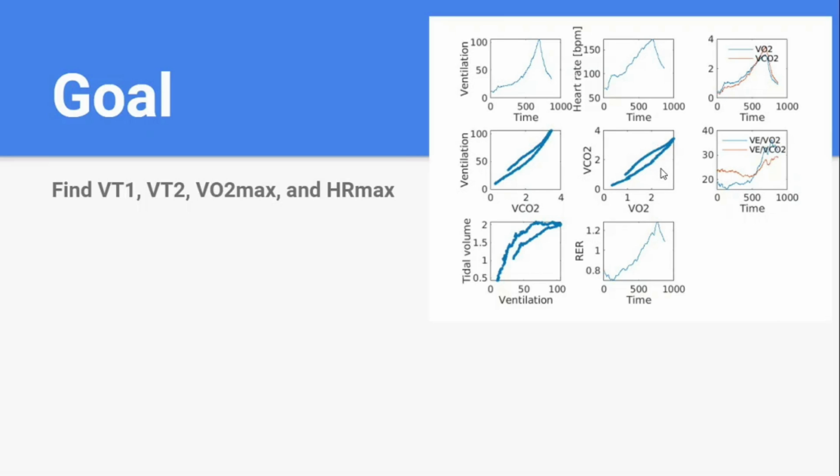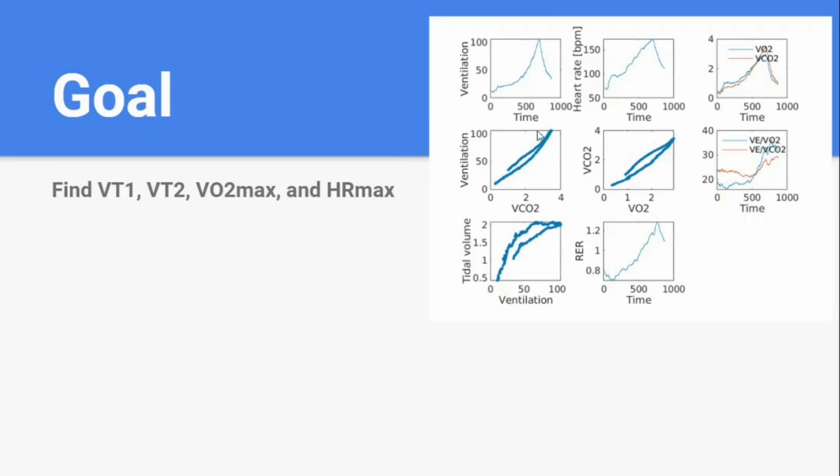And for VT2, you should find the point where the ratio between ventilation and VCO2 increases linearly with the ratio between ventilation and VO2, so probably the point should be around here or maybe here, and you can check the deflection point in panel number 5 or panel number 4.